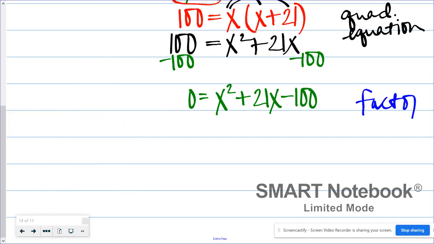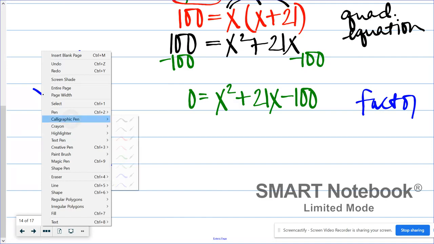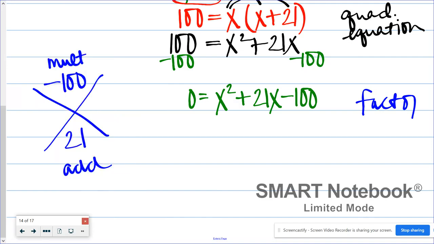Okay, and this one's easy. I do need to think what multiplies to be negative 100 that adds to be 21. Okay, so negative 100 is the constant term, 21 is that middle term, and I can organize this in a cute little X box. So this right here is the hardest part of factoring, trying to find these two factors, what multiplies to be negative 100 and adds to be positive 21.